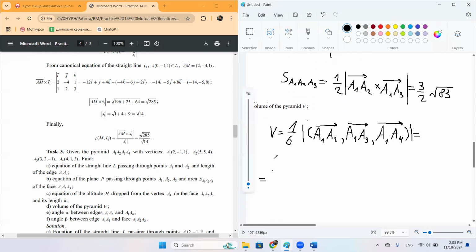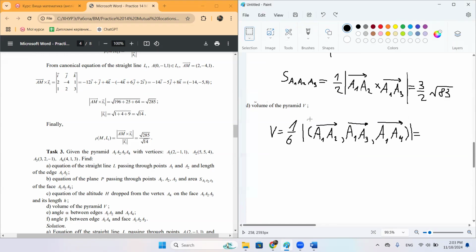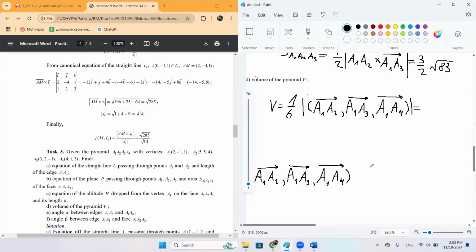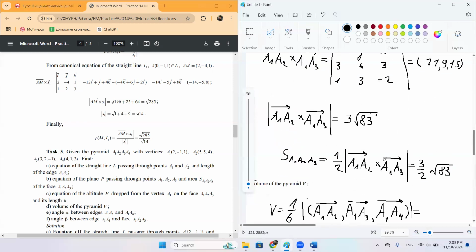Let us first calculate just this mixed product separately. So we will write down the determinant. We won't pay attention to its calculation.